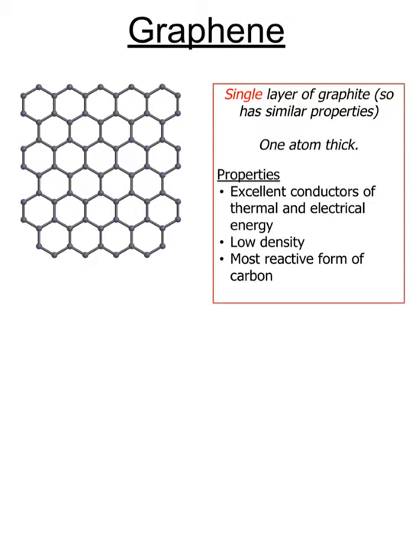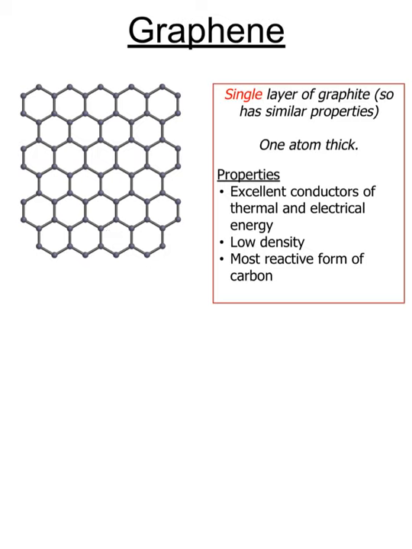Okay, so the properties of graphene are almost identical to graphite in the sense that it conducts thermal energy and electrical energy, and it's a very, very good conductor because, again, each of the carbon atoms, remember we're still talking about carbon here, bonds 3 times.